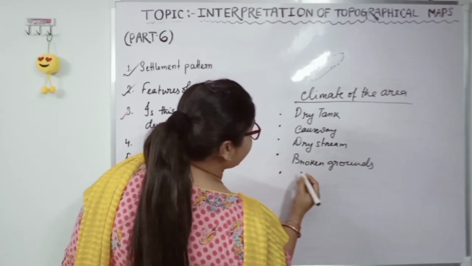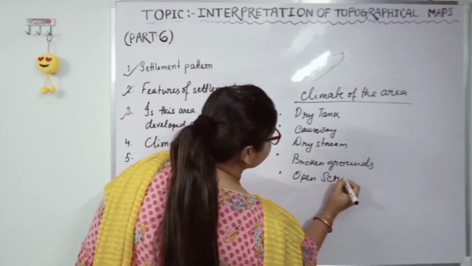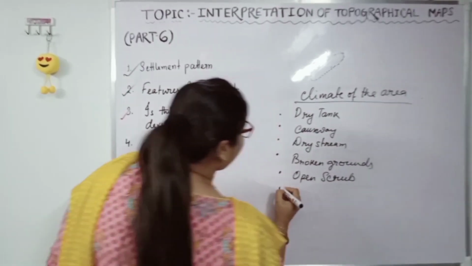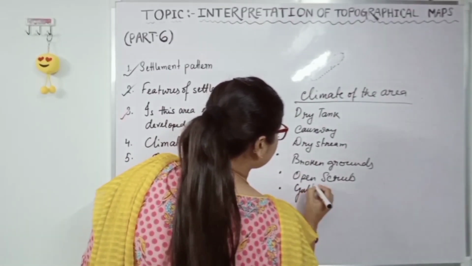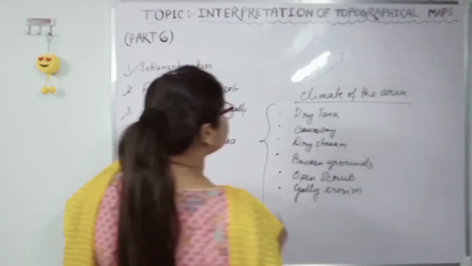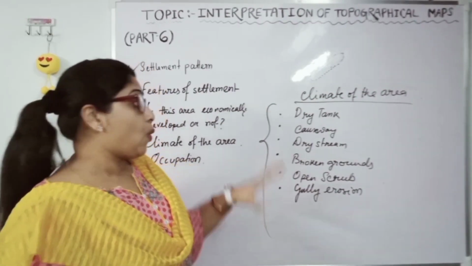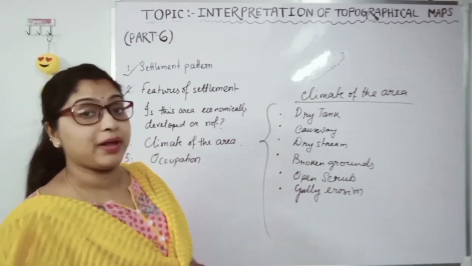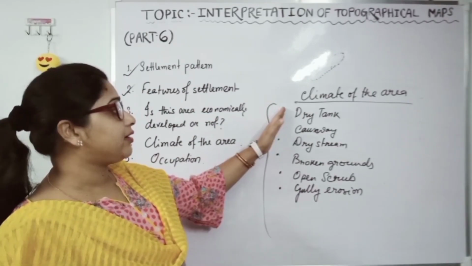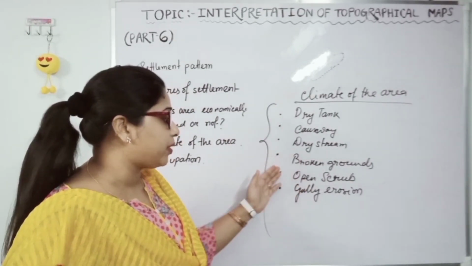Then we will say open scrub, and gully erosion. So these are the main characteristics through which we can easily understand what kind of climate is present in that area. Dry tank, causeway, dry stream, broken grounds, open scrub and gully erosion.